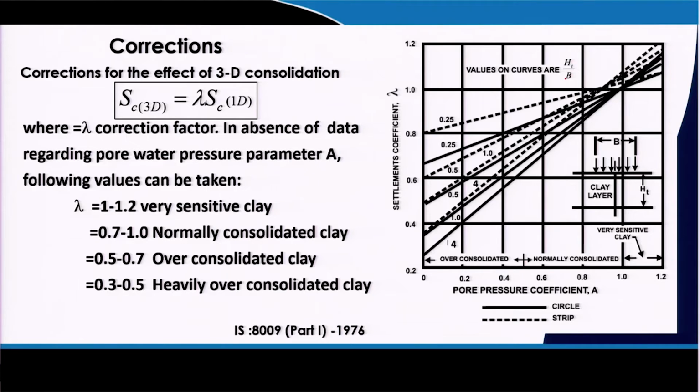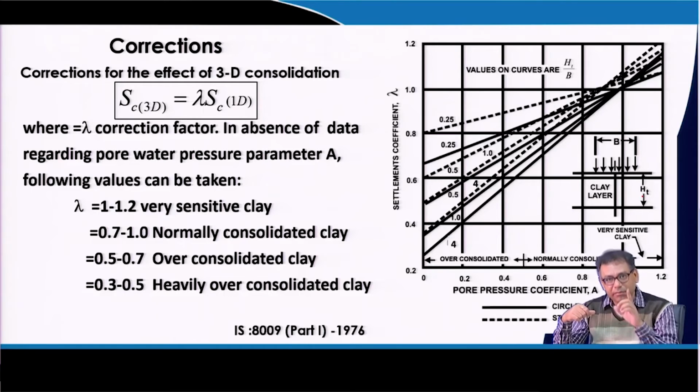These are the values of the curves, HT by B. HT is the thickness of the layer below the foundation, that means the thickness of the total influence zone below the foundation, and B is the width of the foundation.